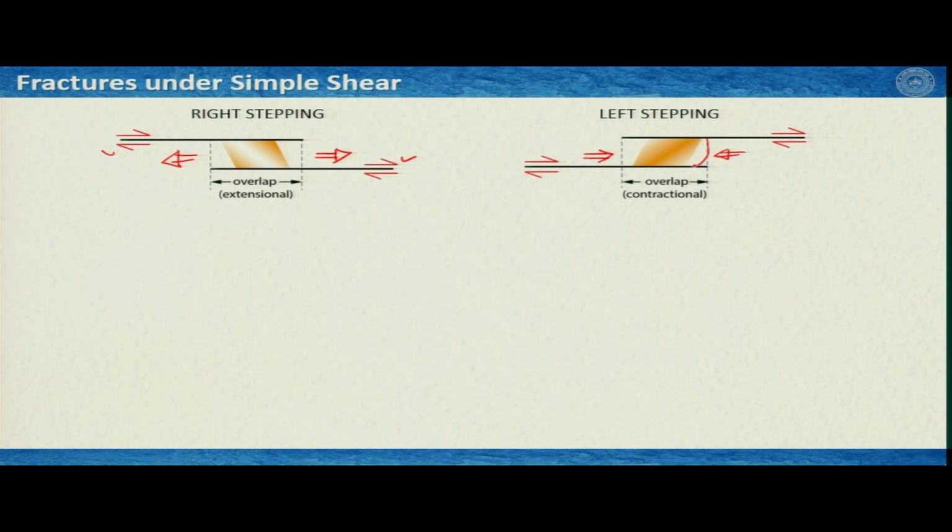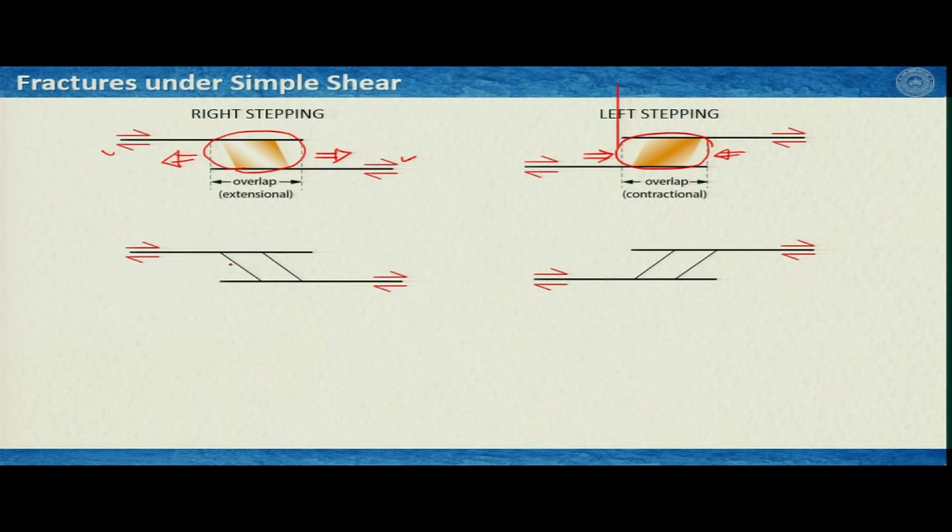So, this domain is under compression and this domain is under extension, this overlapping zone. When they connect, eventually you form an area something like this. In this particular case, this is under extension, and in this particular case, this is under contraction.